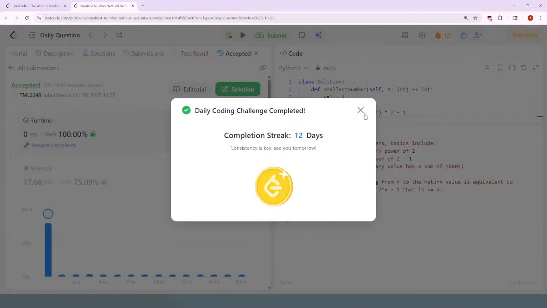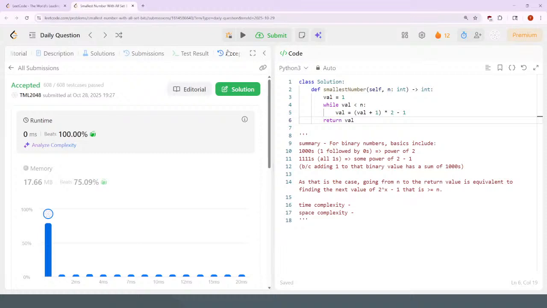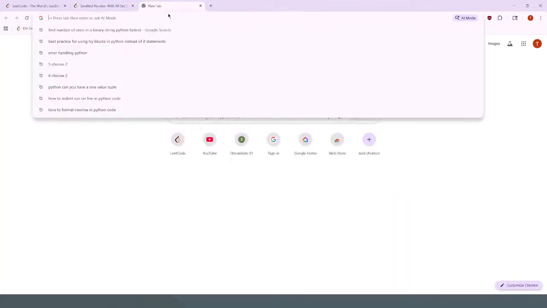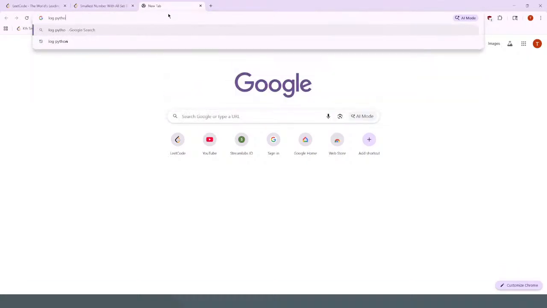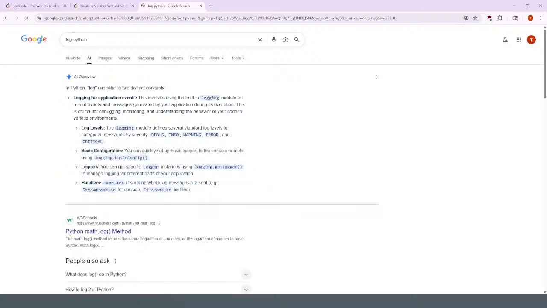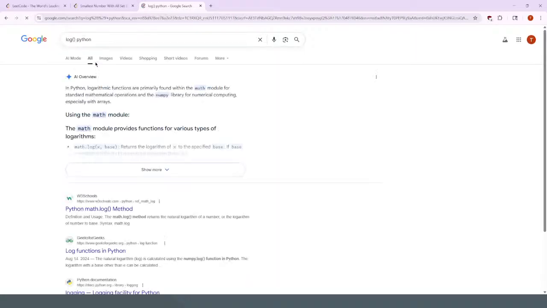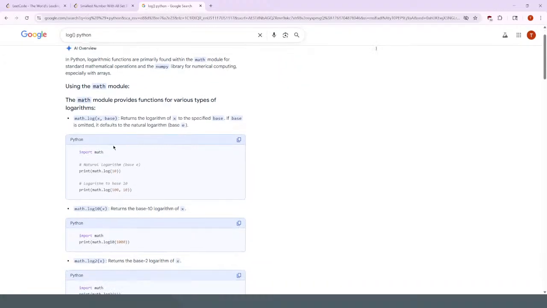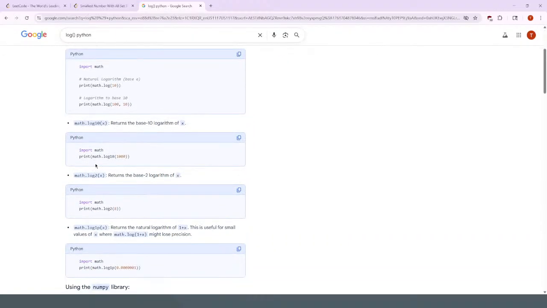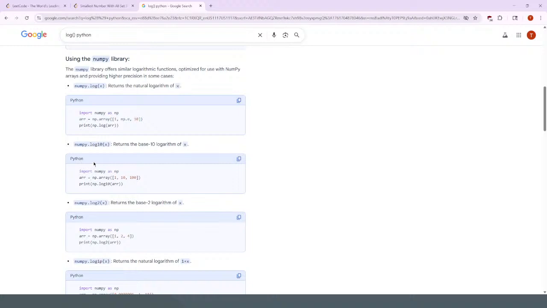Okay. I probably should figure out the logarithmic way of doing this, because there should be a log way of doing this. There's quite a few log functions though. There's math.log with x and base, there's also math.log2, and there's log10 as well.